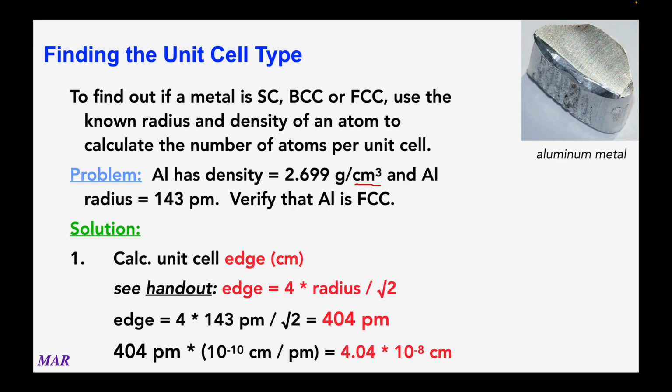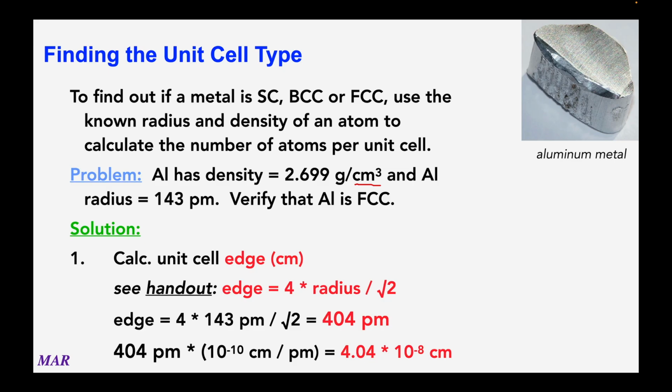So what we're going to do first, before we cube it, is take that edge and turn it into centimeters. Now, a pico is 10 to the minus 12. So a picometer is 10 to the minus 12 meters. That would allow you to go from picometers to meters. And then a centi is 10 to the minus 2, so a centimeter is 10 to the minus 2 meters.